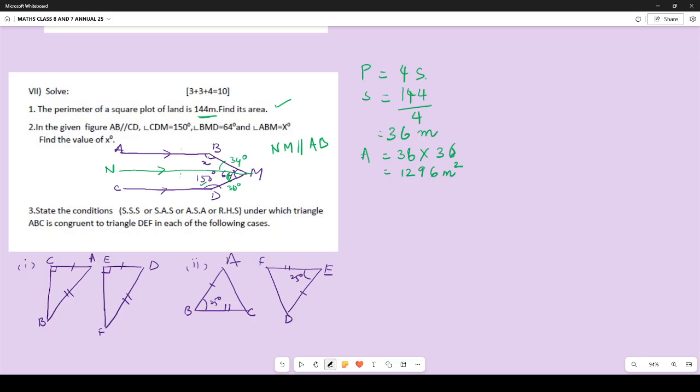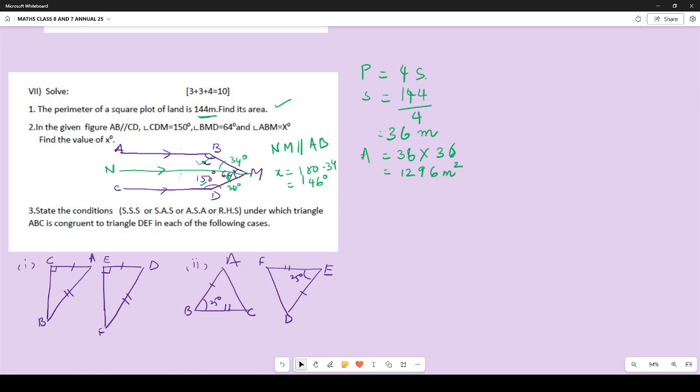So X and 34 become co-interior angles. So what will be the value of X? The sum of co-interior angles is 180 degrees. So 180 minus 34 comes to 146 degrees. So that will be the value of X over here.